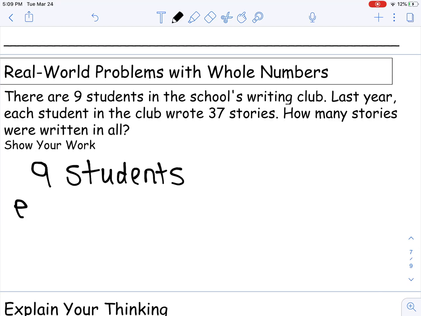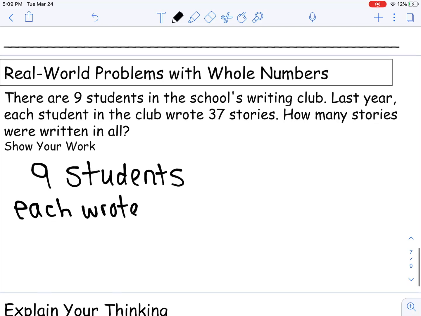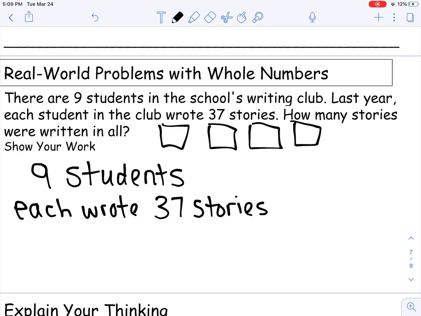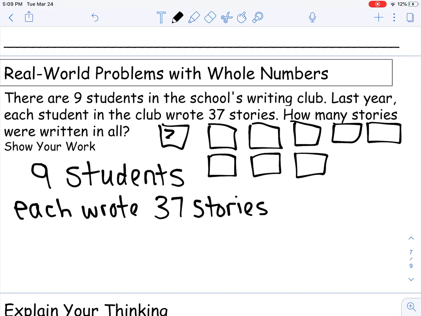Well, we know they each wrote 37 stories. So, for example, here's my 9 students in the writing club. Use your imagination. I know the people don't really look like boxes, but there's my 9 students, and each one did 37 stories.